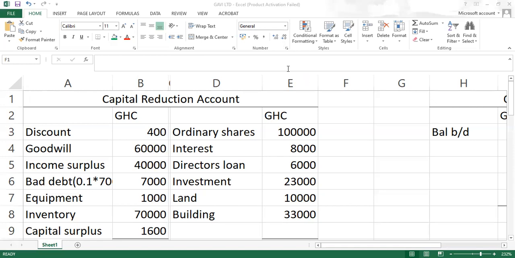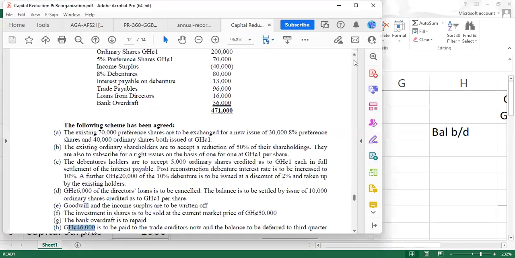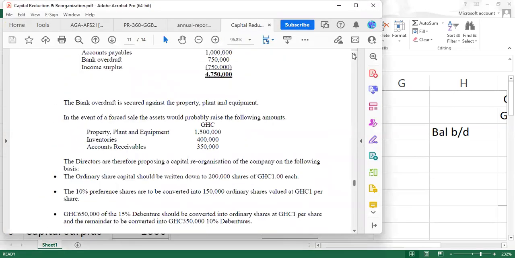No, this is not a past question. This is my university question. It was one of the exams that I wrote, level 300, last semester. But the first example that we did was a past question, maybe 2015 or something.